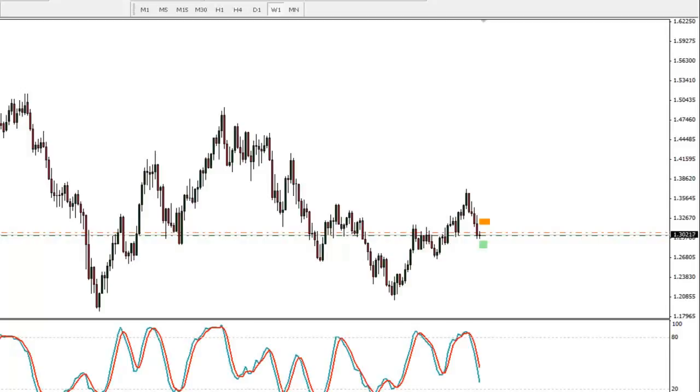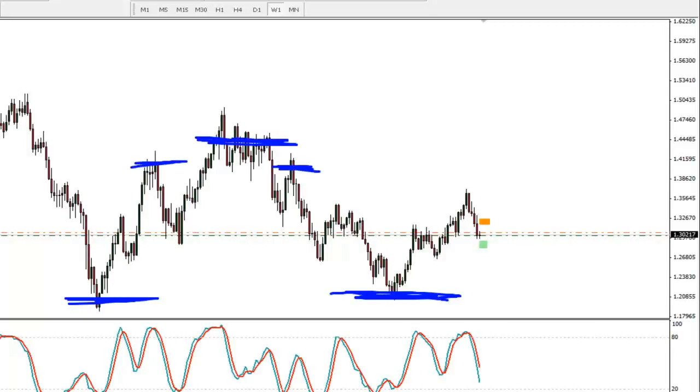All right. So, if we looked at this weekly chart, an area of support and resistance that has brought about a major turning point in the market, I consider that major support and resistance.